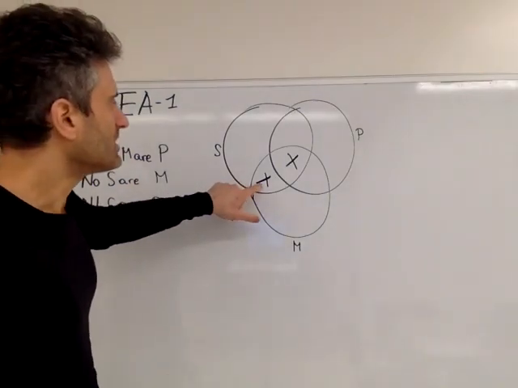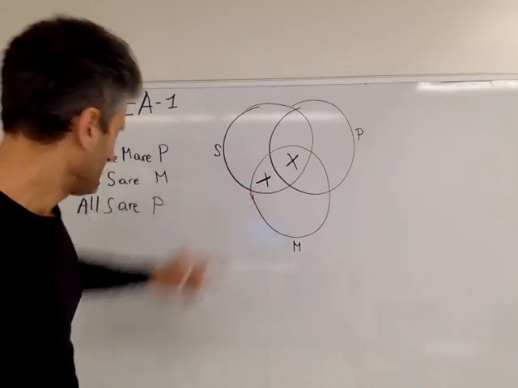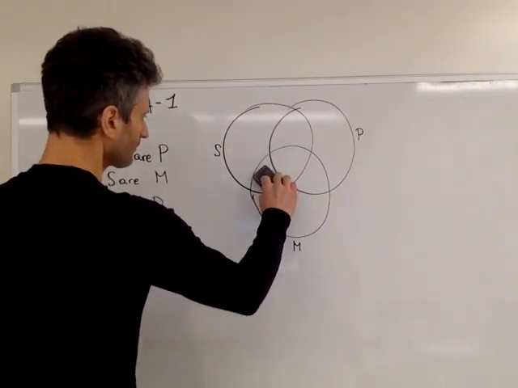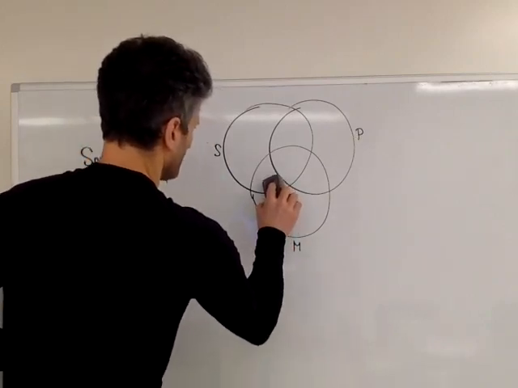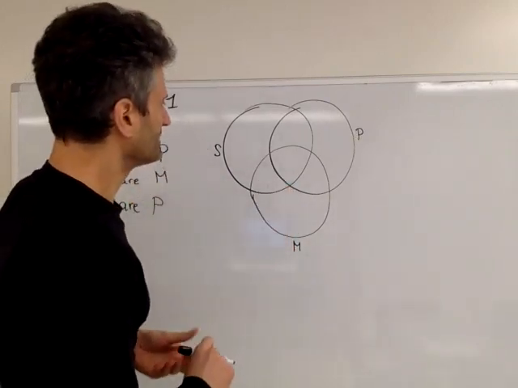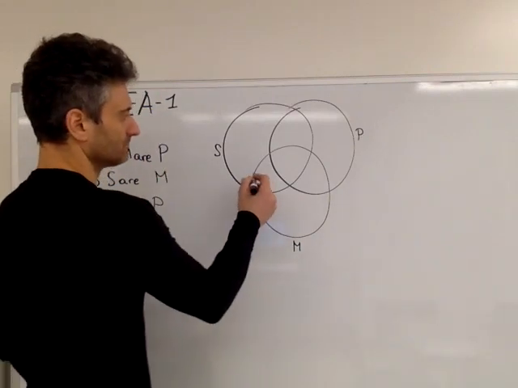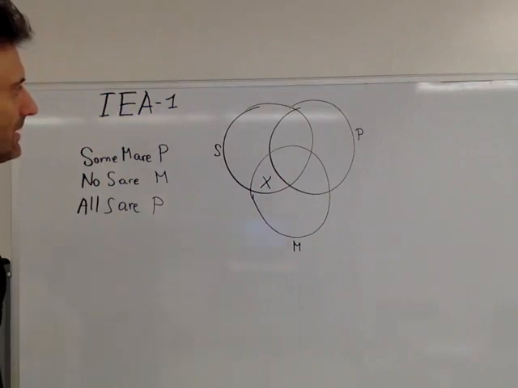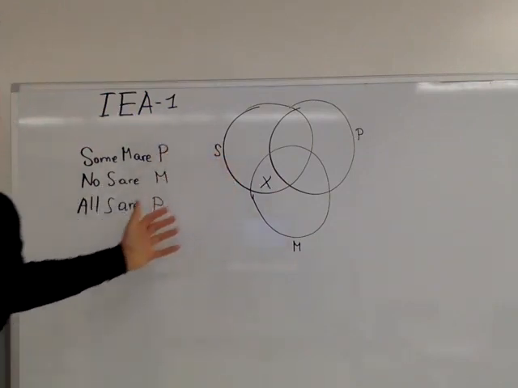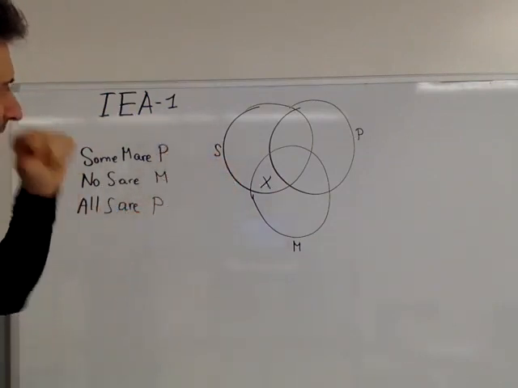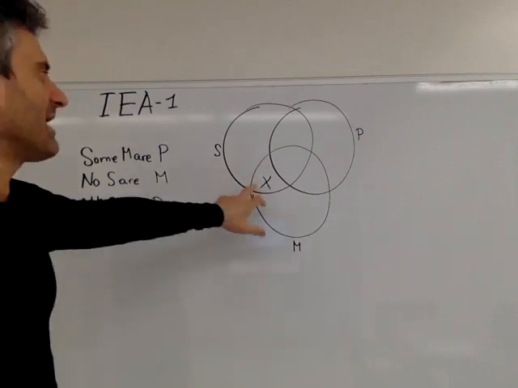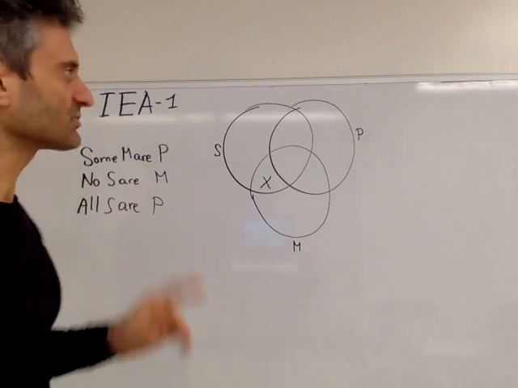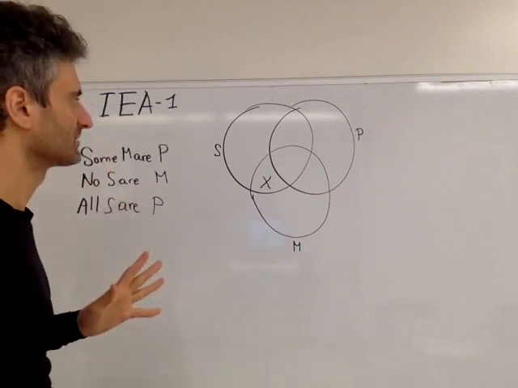Now, if I put it here, you see, the problem is this. Let's say that I decide and I place it right here. And you say, okay, well, you're diagramming the premise. However, by placing an X there, I'm also saying something else. I'm also diagramming another statement.